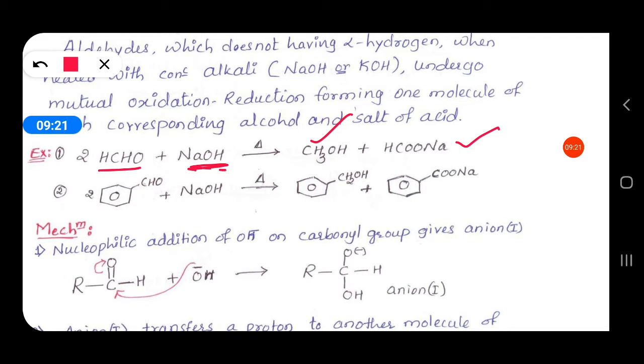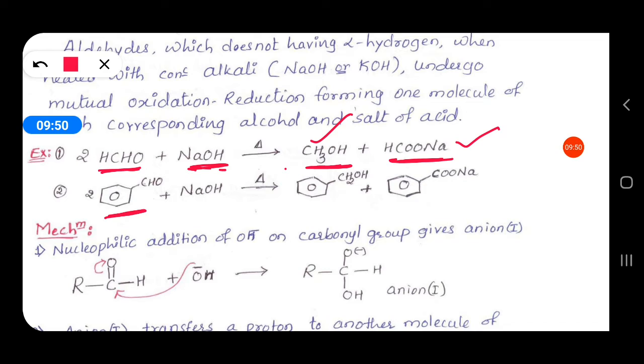The number of carbons in the product is equal to the number of carbons in the reactant. So formaldehyde contains only one carbon. So one carbon containing methyl alcohol is produced, and the one carbon containing acid's salt, that is the salt of formic acid. So sodium formate is formed.